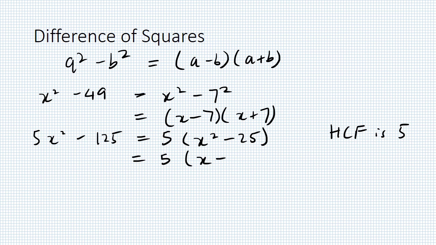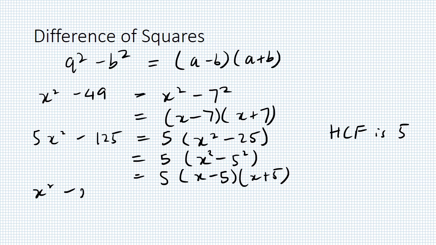And now we've got difference of squares, so we can write that as x squared take 5 squared, which we can then factorise using the rule up the top there. Done.